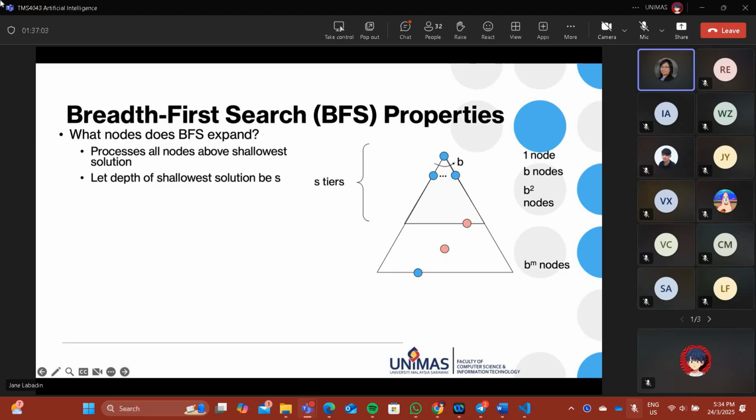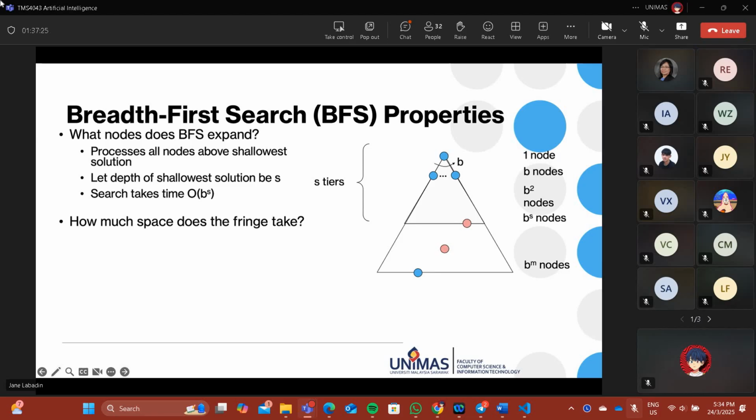If we take that to be the S tier, the nodes that are expanded would be of order B to the power of S. And how much space does it take? Roughly the same, because you are looking at that particular tier only, the last tier that you are looking at. So of order B to the power of S again.